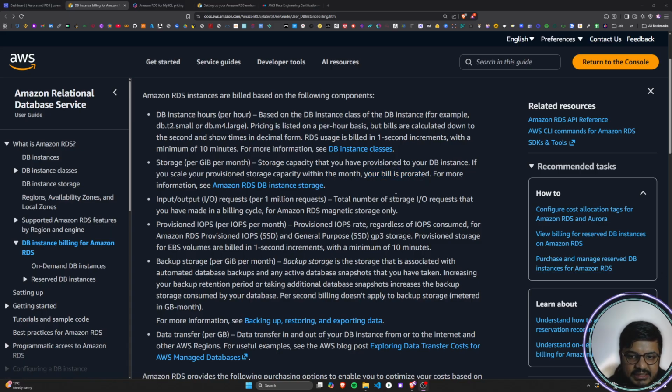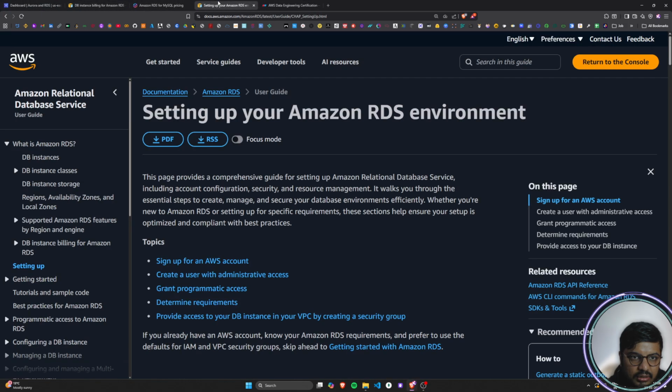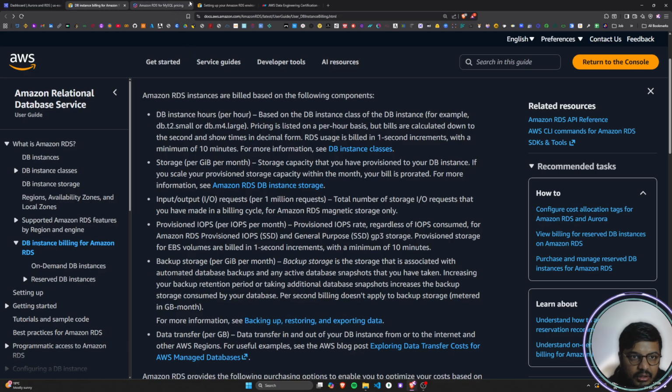So what this line means is, let's suppose for 15 days you stored 100 GB of data, and for the next 15 days you stored 50 GB of data.